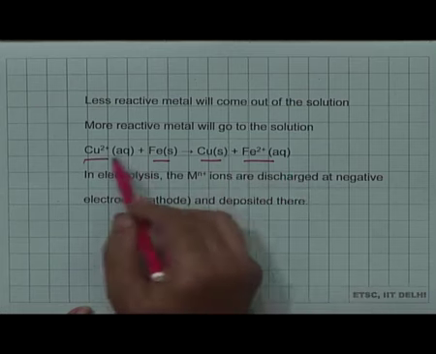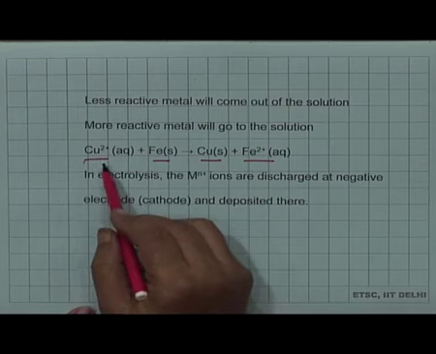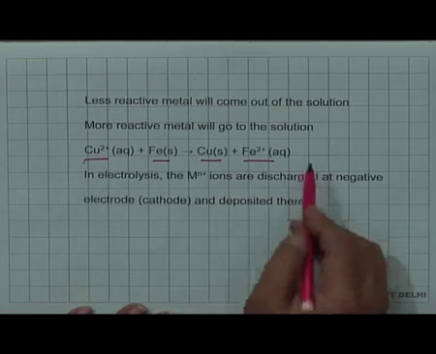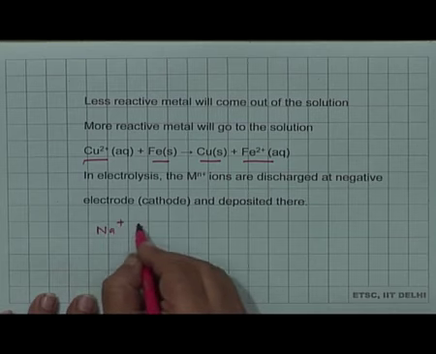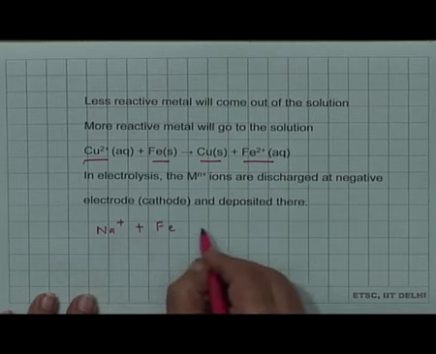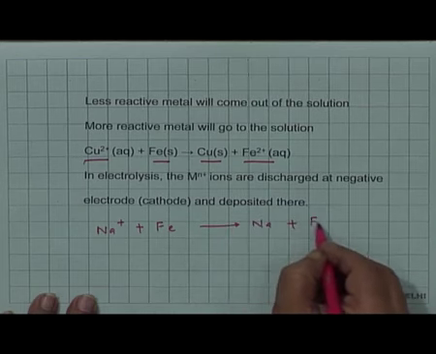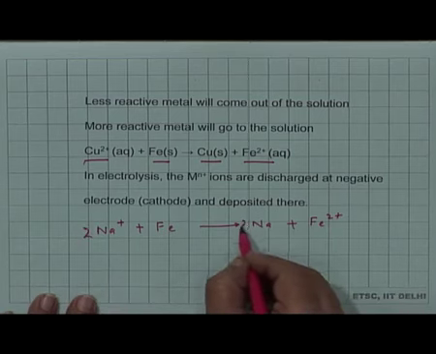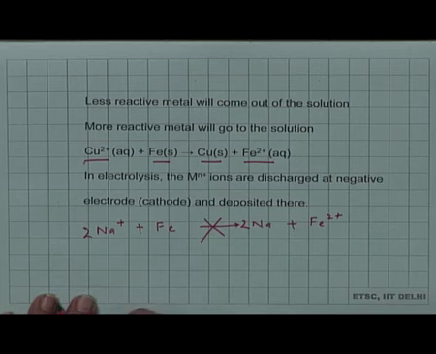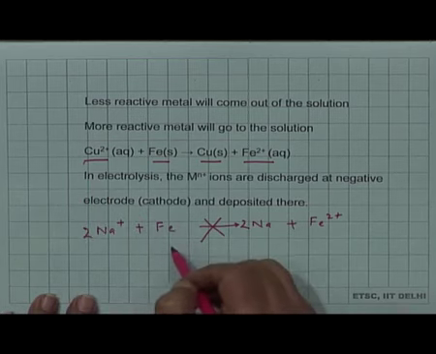If you take, for example, sodium in place of copper, this reaction, sodium plus iron, cannot happen, because the metal is more reactive than iron.